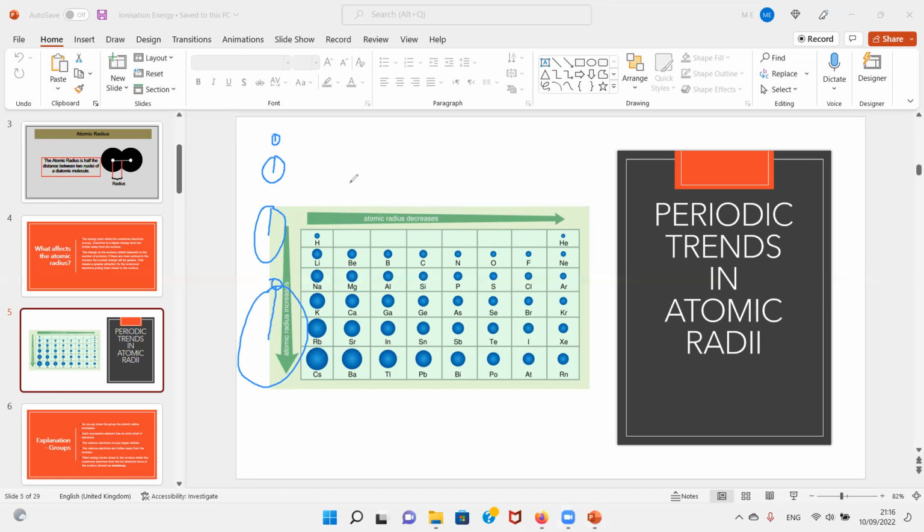You are adding more electrons, and they cause some repulsion amongst themselves, but you are also adding more protons. The force of attraction between these electrons and the nucleus is greater than the repulsion between the electrons, and that's why the atom is getting smaller and smaller. So here the positive charge is increasing as you go along.